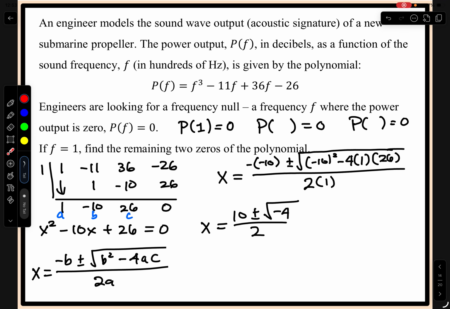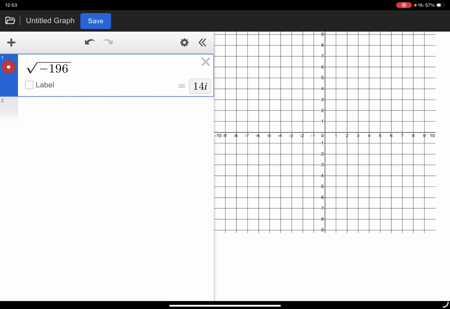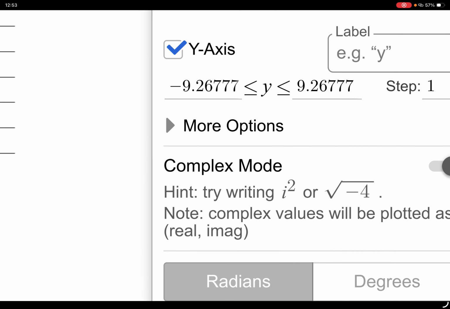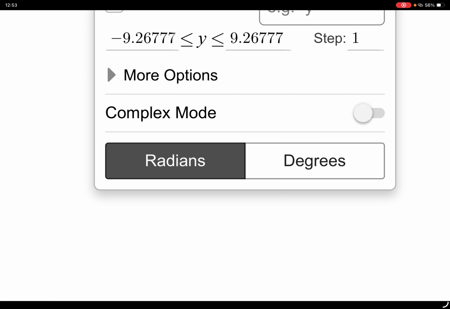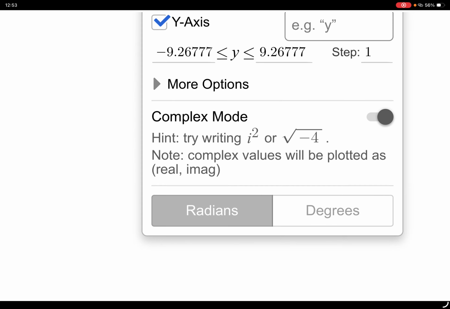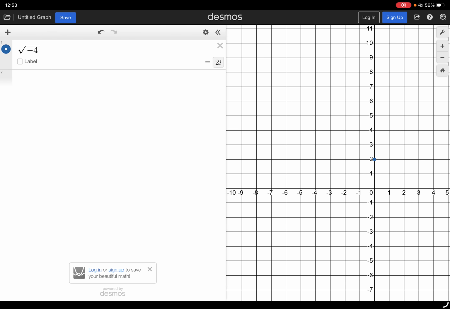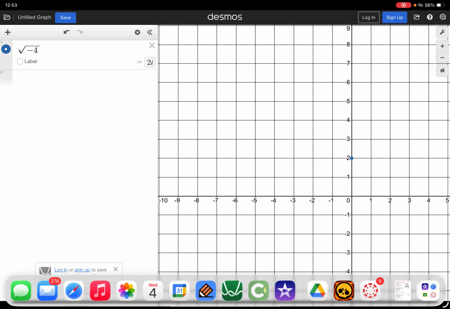Now we can evaluate this if we want to in decimals. You don't need to. But I have the complex mode enabled on my calculator. Normally by default it's turned off. I will turn it on, and then I can take the square root of any negative number, like negative 4, and it tells me my solution is 2i.